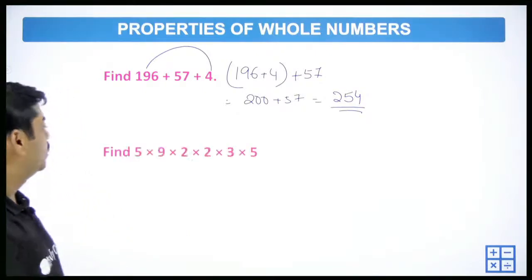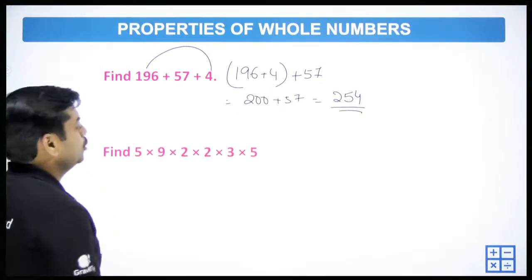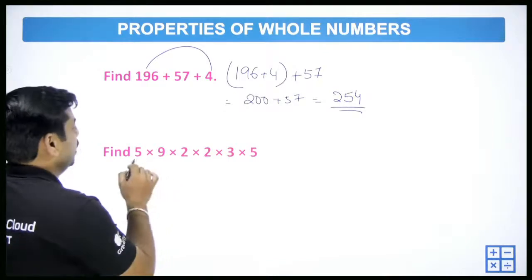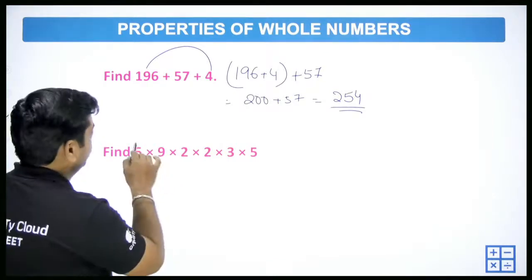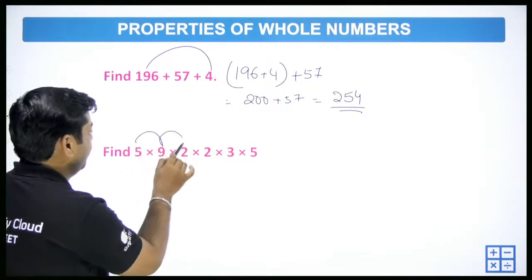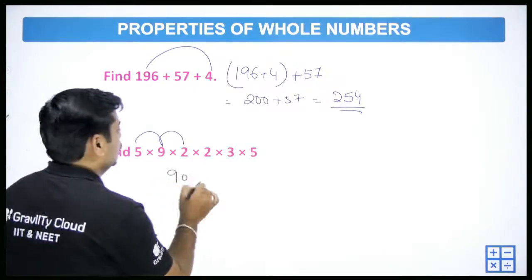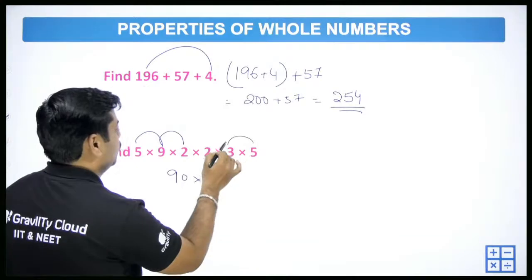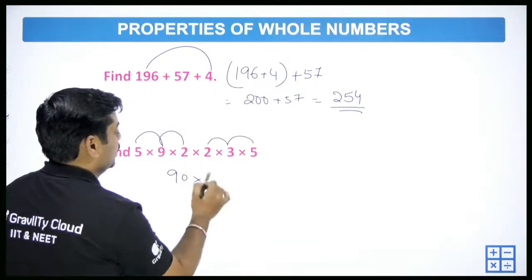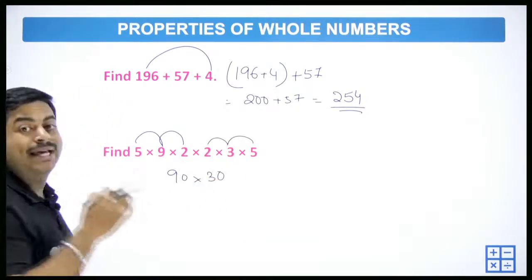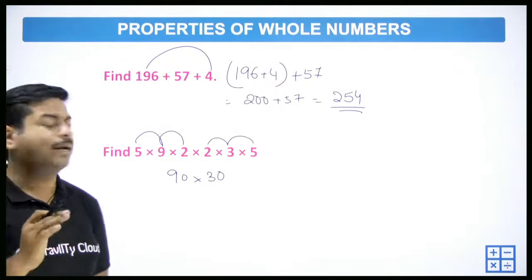Right. The next one: 5 into 9 into 2 into 2 into 3 into 5, okay? 5 into 9 is 45. 45 into 2 is 90. 90 into 5, that is 450... You can multiply in any manner you want in multiplication.